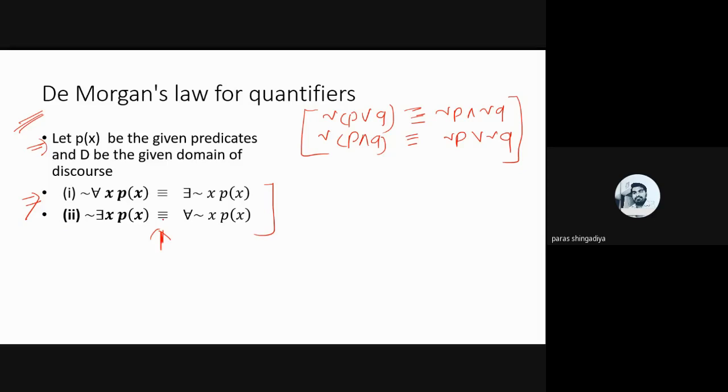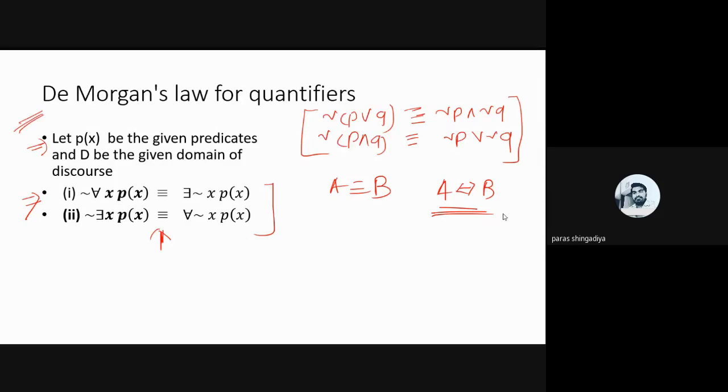So we will prove both parts, and if both the left-hand side as well as the right-hand side are true, then we say they are logically equivalent. The meaning of logical equivalence is: if A is logically equivalent to B, then A biconditional B is a tautology. Tautology means all entries should be true in this column.